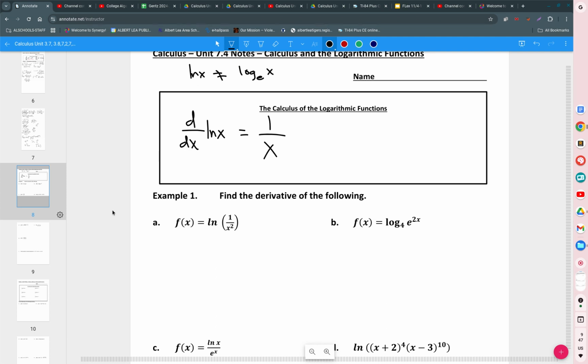So the question is, what if the base is not e? Well, the derivative of log base b of x is equal to 1 over x times the natural log of b in the denominator. Okay.